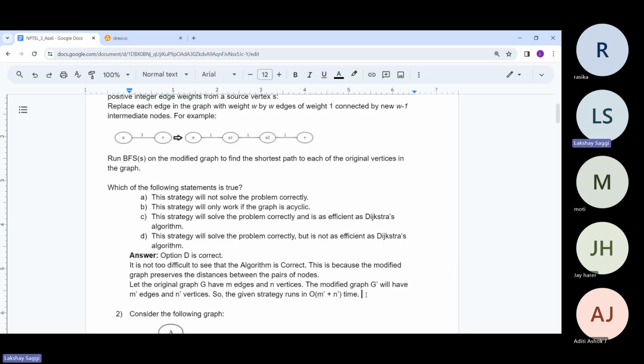But in how much time will Dijkstra run? In how much time does Dijkstra's algorithm run, guys? Would anyone like to answer in chat?